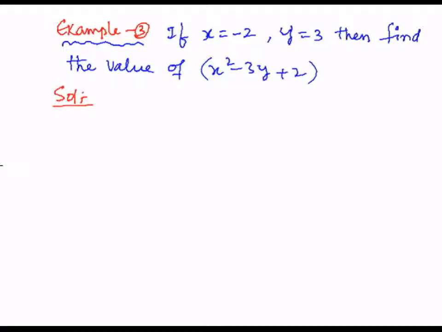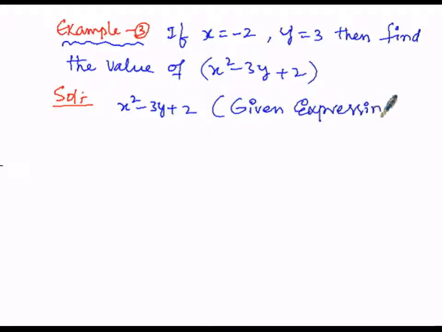So the given expression is x square minus 3y plus 2. We have to find out the value of this given expression at x equals minus 2 and y equals 3.